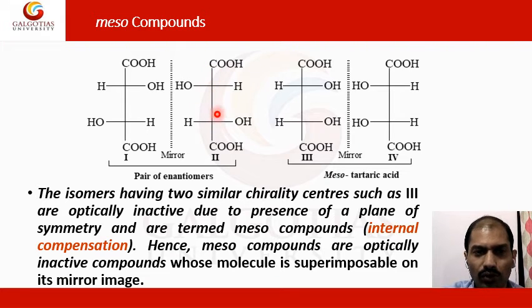You can check very easily, and you can also use the priority rules, as we have already discussed. That will also help to assign the designation, rectus or sinister, anticlockwise or clockwise direction. You can also check whether the molecule has a plane of symmetry or any kind of symmetry.